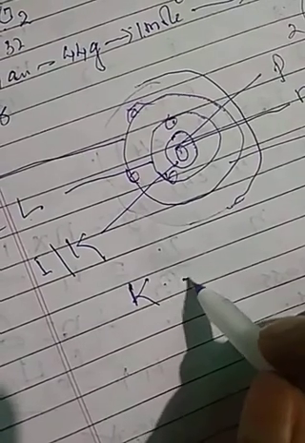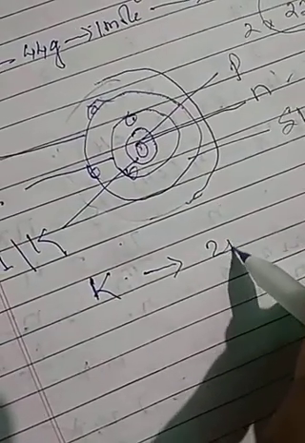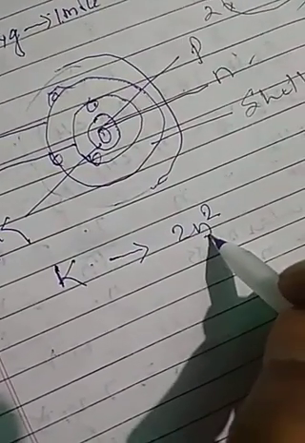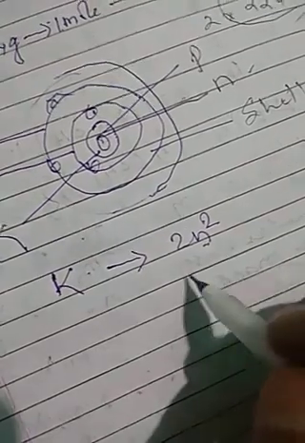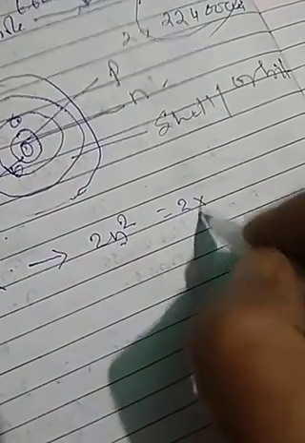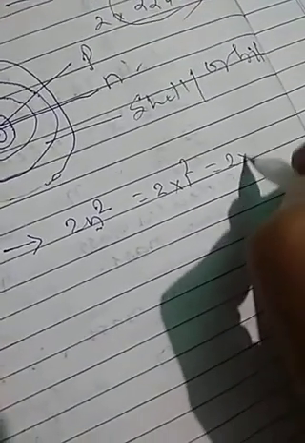What will be the number of electrons? It will be 2n square, where n stands for the number of the shell. For the first shell, it will be 2 into n square, 2 into 1, equal to 2.